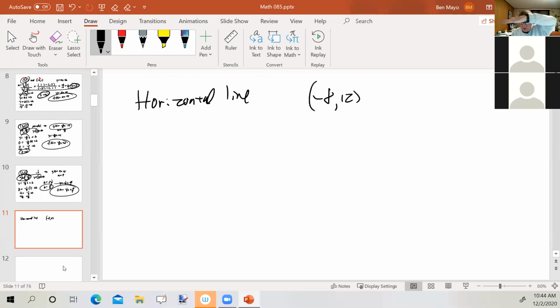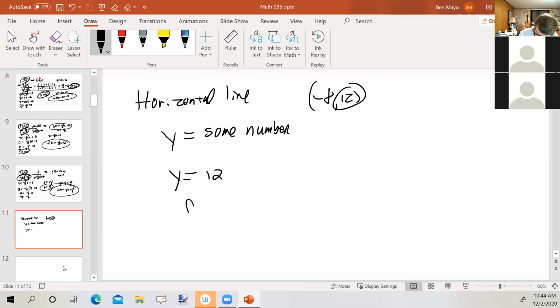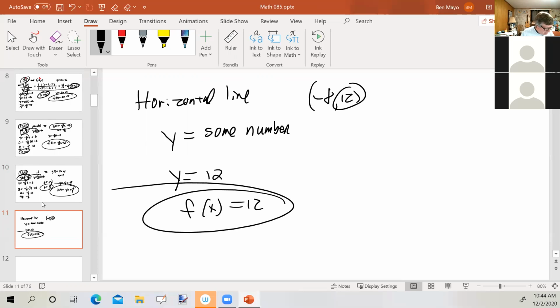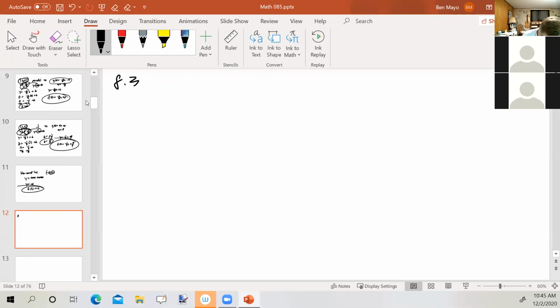The equation of a horizontal line is y equals some constant or some number, okay? Well, the only y value we have is 12, so y has to equal 12, or f(x) = 12. All right, and with that, we're going to press onward to section 8.3.